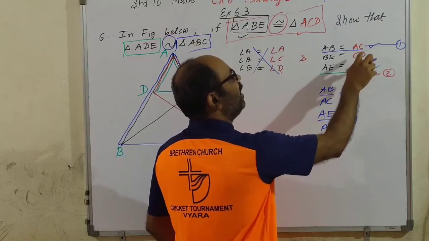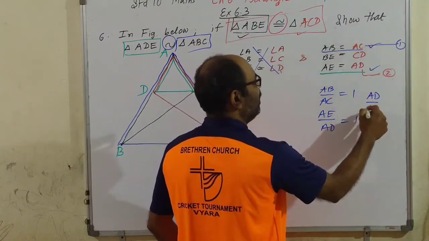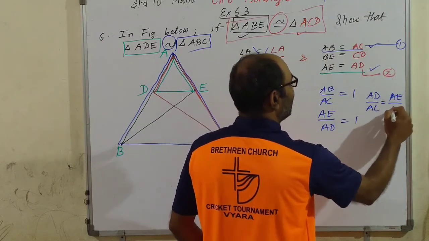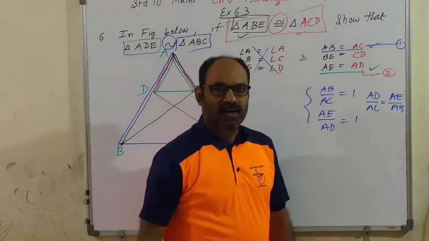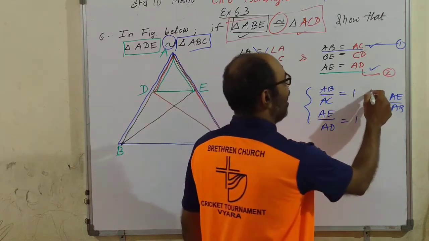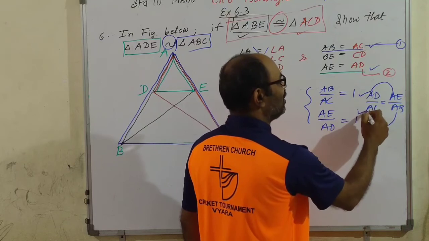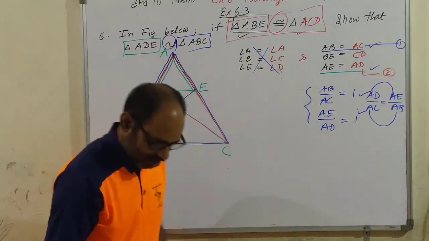Right? So AD upon AC is equal to AE upon AB. Either you say like this or this. Alright. Got it? And angle A is equal to angle A. This is green angle, this is blue angle. Green and blue. Finished. Got it?